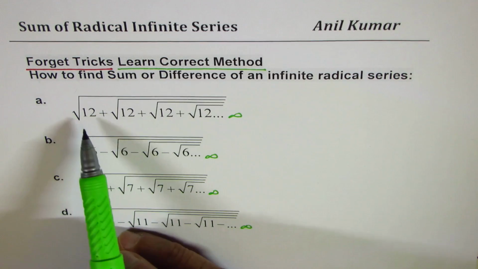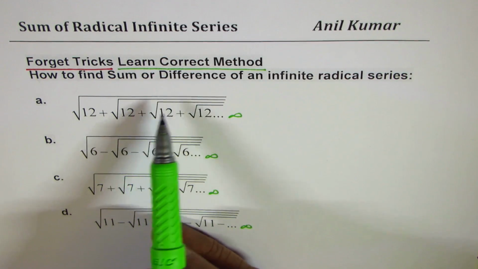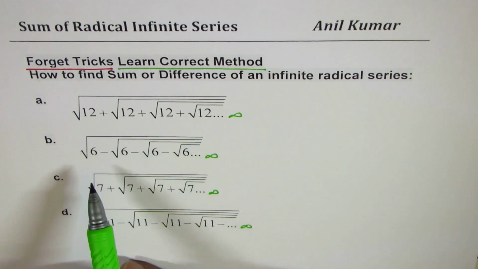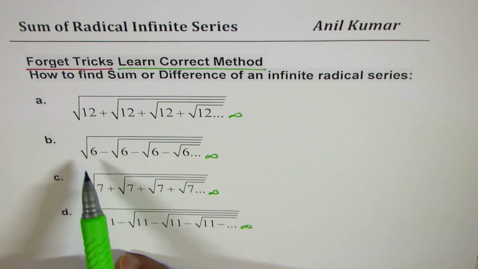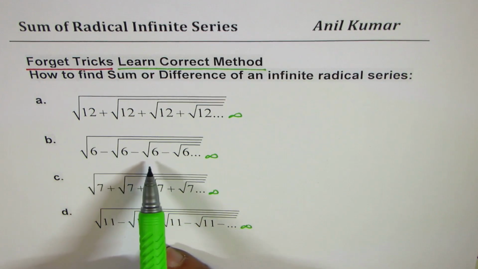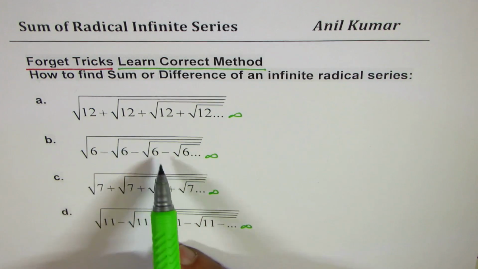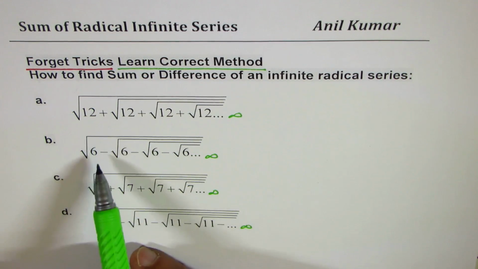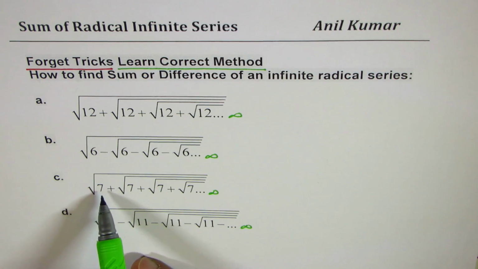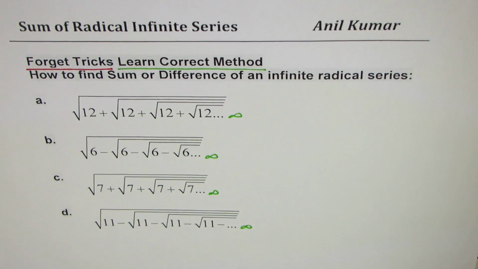So we have square root of 12 plus square root of 12 plus square root of 12 and so on. Then we have a series with difference, square root of 6 minus square root of 6 minus square root of 6 and so on. Now these are factorable, and then we have the similar series with prime numbers like 7 and 11. We'll try to understand how to solve such questions.